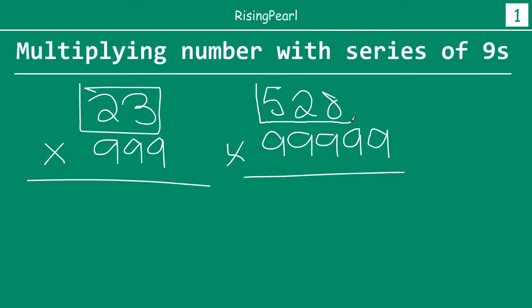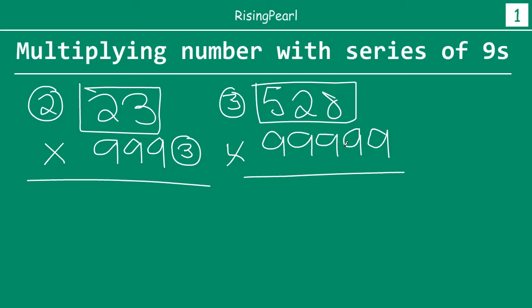And if you notice, in these two examples there are 2 digits in the random number and 3 digits in the nines. There are 3 digits in this number and 5 digits in the number with nines.